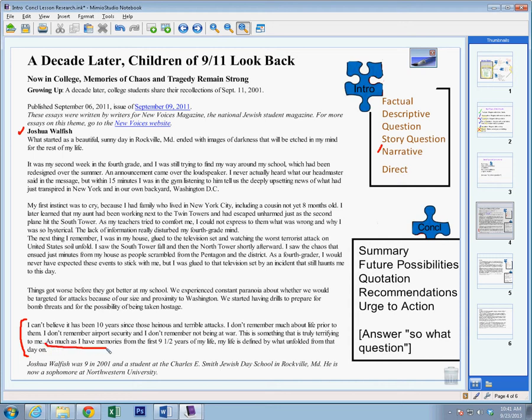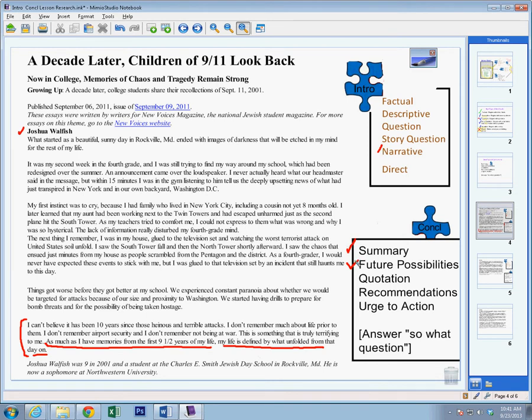And if you think about it, you have basically a summary type of conclusion, but also a future possibility of how his life is defined from that day on. And again, you can combine these.